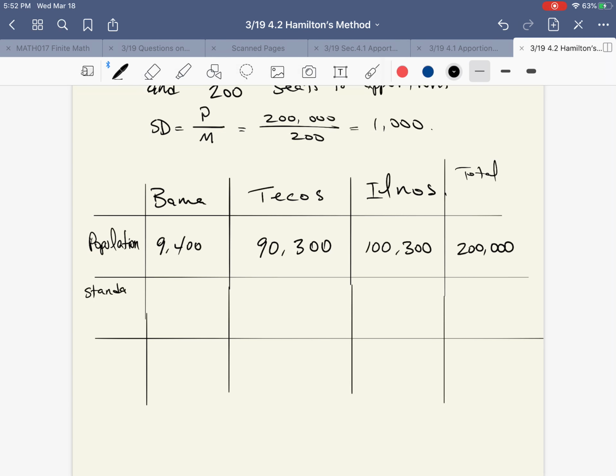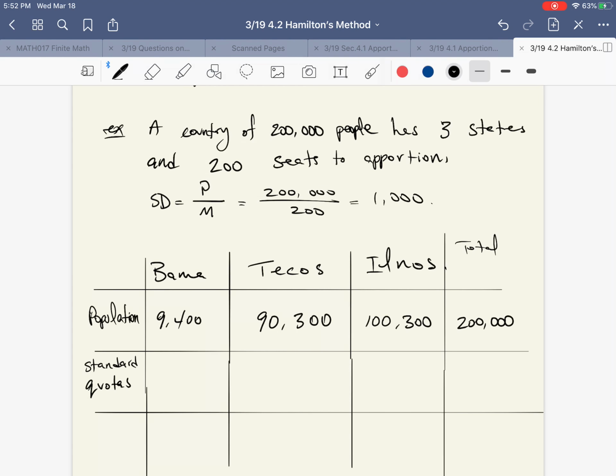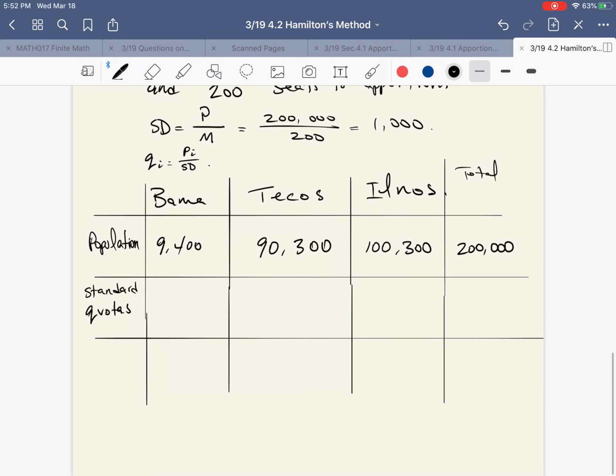Standard quota. Remember that the standard quota Q sub i is the population of a state divided by the standard divisor. So here, 9,400 divided by 1,000, we'll just move the decimal point over 3 places, is just 9.4.